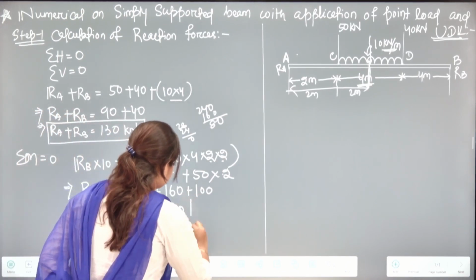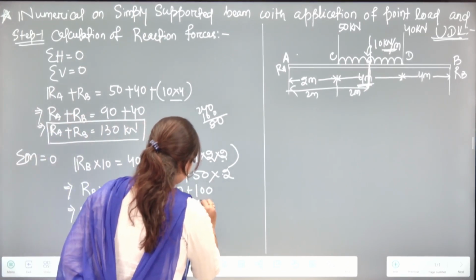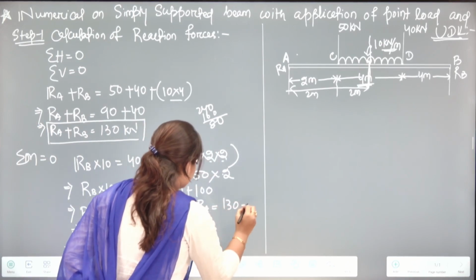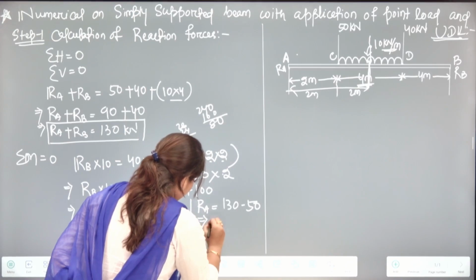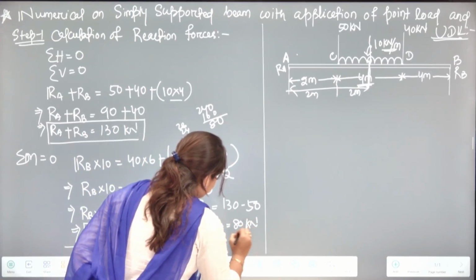Okay. So here you have RA plus RB as 130. So RA will be 130 minus 50. We will have RA equal to 80 kilonewton.